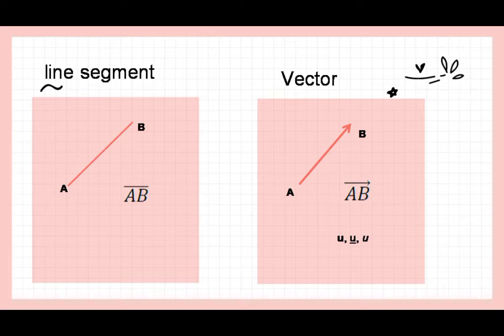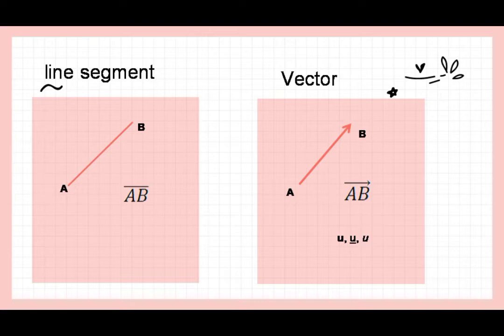In this slide, you see a line segment and a vector. For the line segment, you see the points A and B. And for the vector, you also see the points A and B. What's the difference? The difference is that in a vector, you see an arrow that signs the direction of the vector.